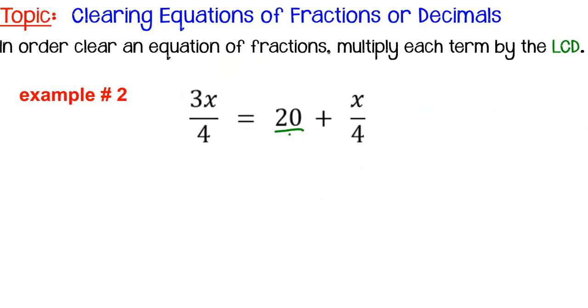Again, look at all of the denominators. This time we have a repeat denominator. It's 4, 1, and 4, which really means just 4s. So since they all have the same value, I'm going to multiply every term by 4. Again, sometimes you can reduce first.